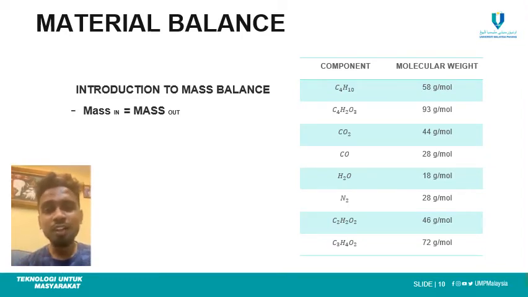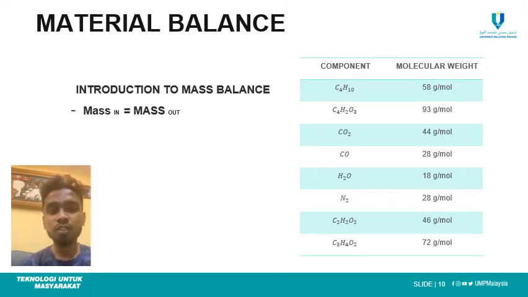So I'm gonna explain to you guys about the next part of our project, which is the mass balance calculations. Before moving on to the calculations part, let me introduce to you guys what is mass balance. So what is mass balance? Mass balance is a balance to compare the input and the output of a certain process.